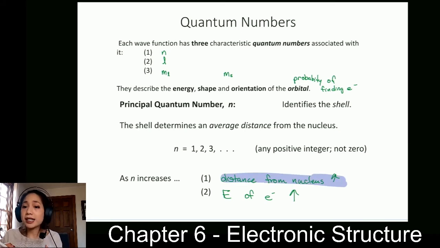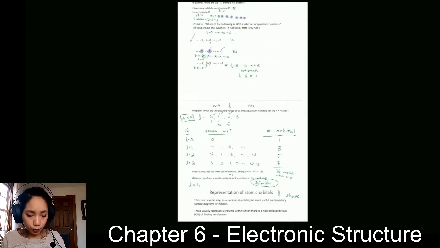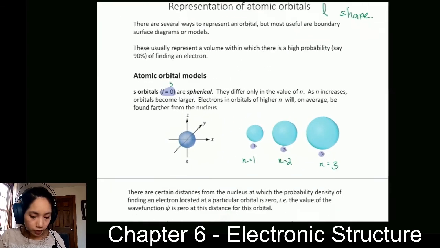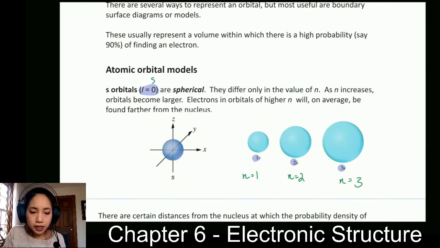So this is why the size of your s orbital changes as you increase your principal quantum number. Essentially, we have to increase the size of the orbital to make sure that we can find that electron within a 90% confidence.